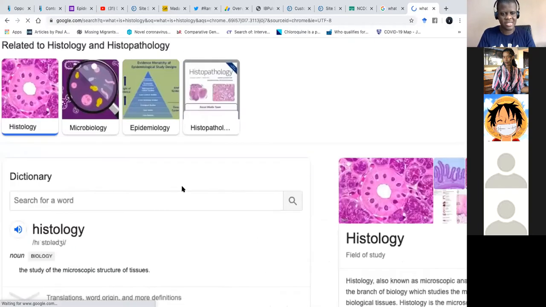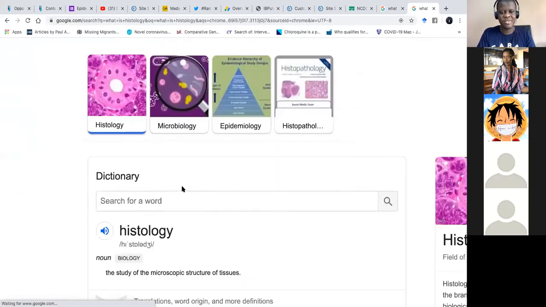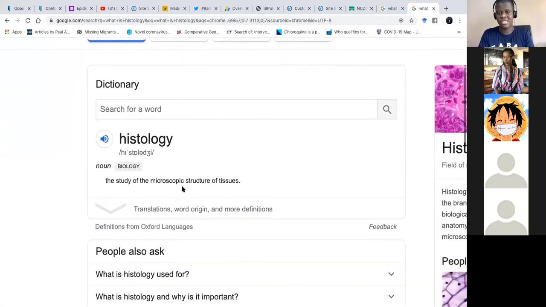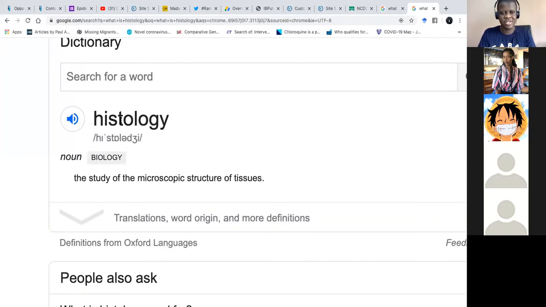There is a difference between pathology, histopathology, and histology. In histology, histo is still there, logy is still there, but patho is missing. So what we are talking about here is a study of tissues. But we cannot be talking about tissues in isolation, or abstractly.